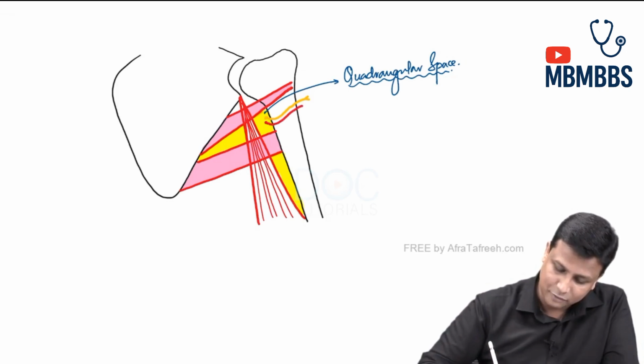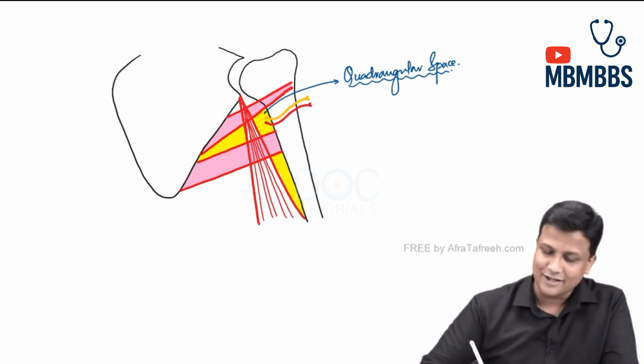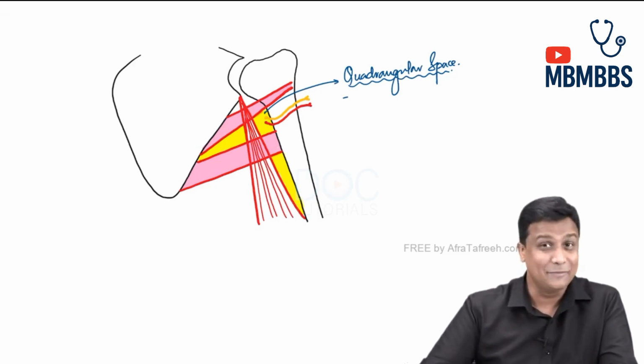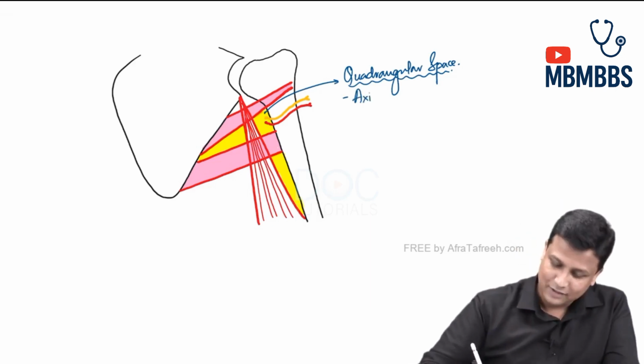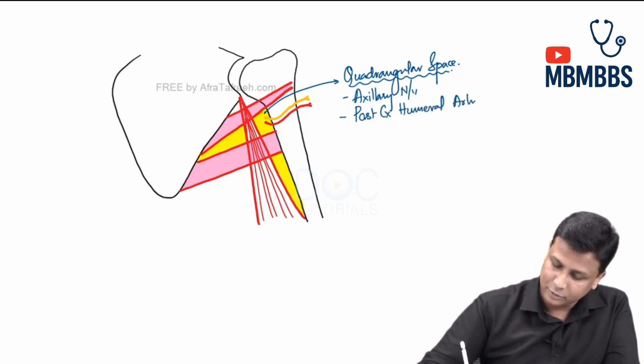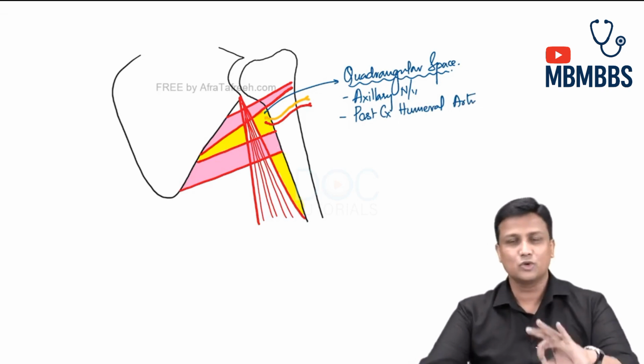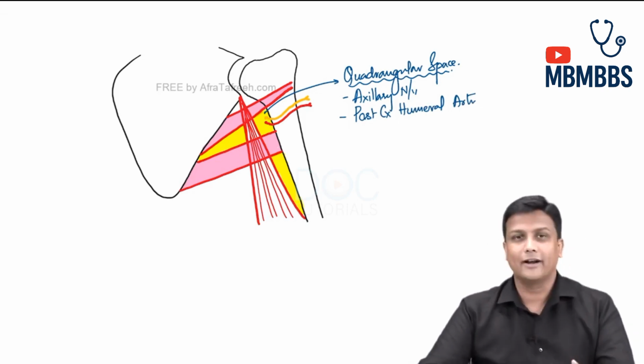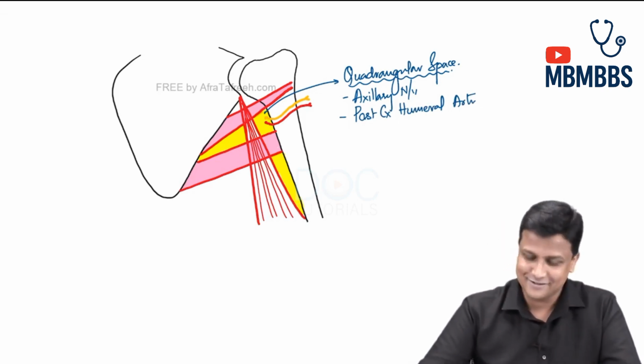Posterior circumflex humeral artery. So these two structures are passing through the quadrangular space. It makes sense now. So therefore, number 1, axillary nerve, and number 2, the posterior circumflex humeral artery. These two structures are passing through the quadrangular space. They are the content of quadrangular space, guys.